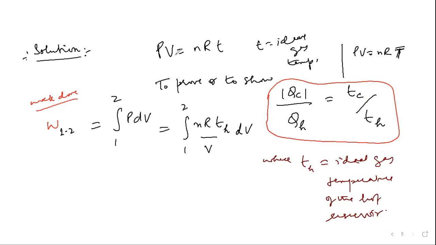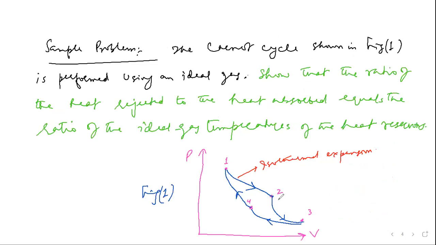We have used it here in this equation. We have solved it for P as nRT by V. Now we have replaced P by nRT by V, but I have used the subscript H in order to indicate that this expansion is taking place at the temperature of the hot reservoir, right?